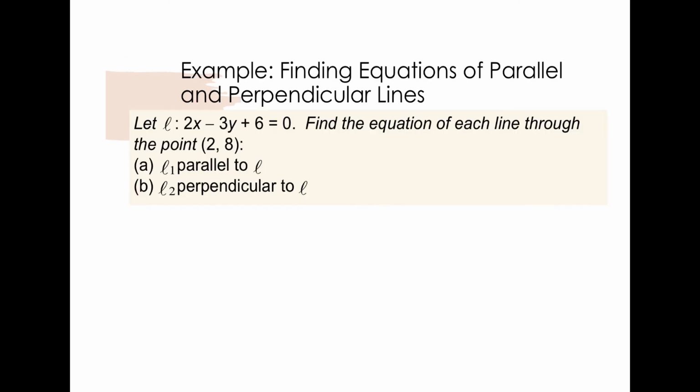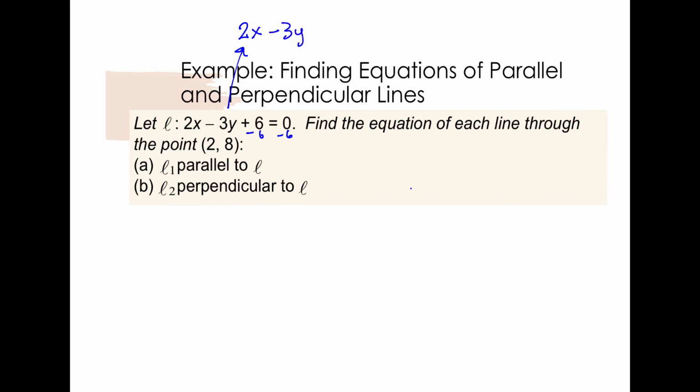Let's look at some examples here. All right. So L is 2x minus 3y plus 6 equal to 0. We want to find the equation of the line. So I'm going to put this just into standard form real quick by subtracting 6 to the other side. The form they gave it to us is not any kind of form at all, but it is really close to standard form.